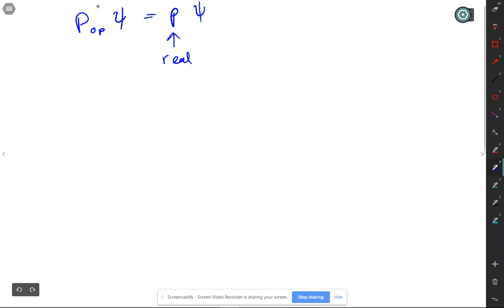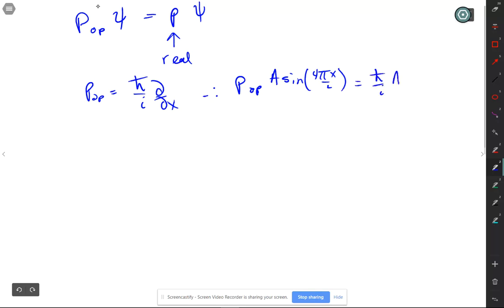Well, our P operator is h bar over i d/dx. Therefore, the P operator acting on A sine of 4 pi x over L is equal to h bar over i times A d/dx of sine of 4 pi x over L. Doing that derivative of sine, it's going to give us cosine of the same argument times the derivative of the inside.